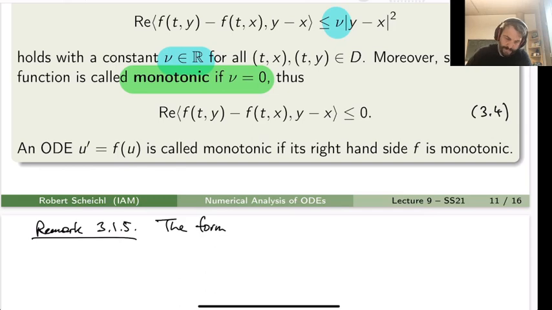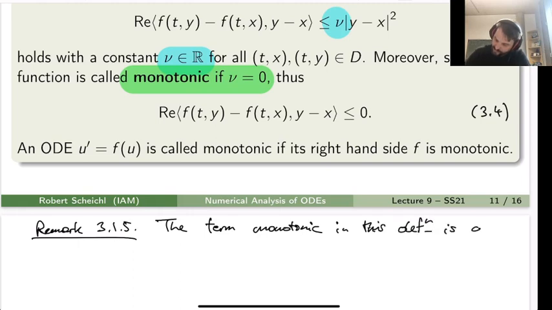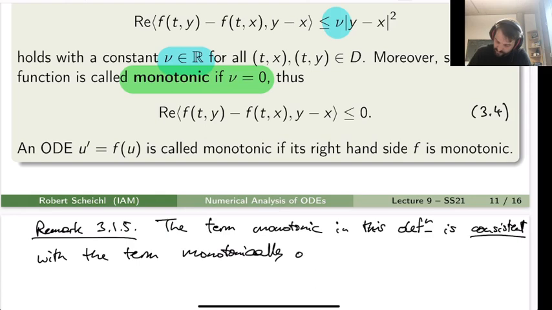So the term monotonic in this definition is consistent with the term monotonically decreasing, which we know from scalar real-valued functions.